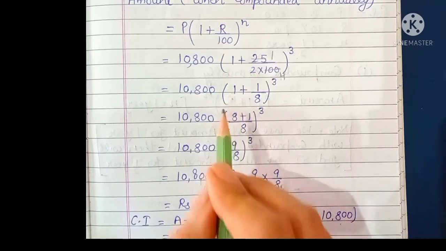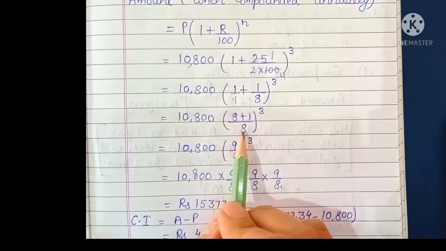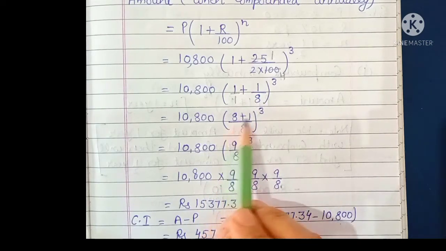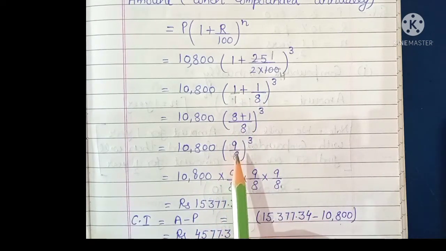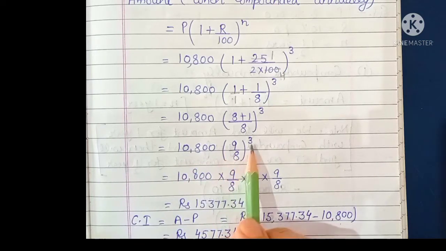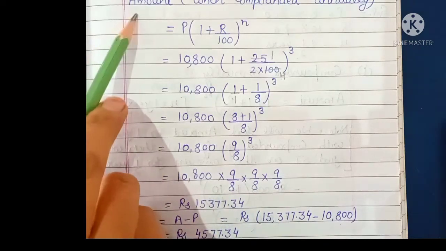I will take LCM. So LCM will be 8. Here I will get 8 plus 1, so 8 plus 1 is 9. Now I am getting 10,800 multiplied by (9 by 8) raised to 3. So I can write it as 9 by 8, multiply 9 by 8, multiply 9 by 8. After calculating this, we will get the amount.